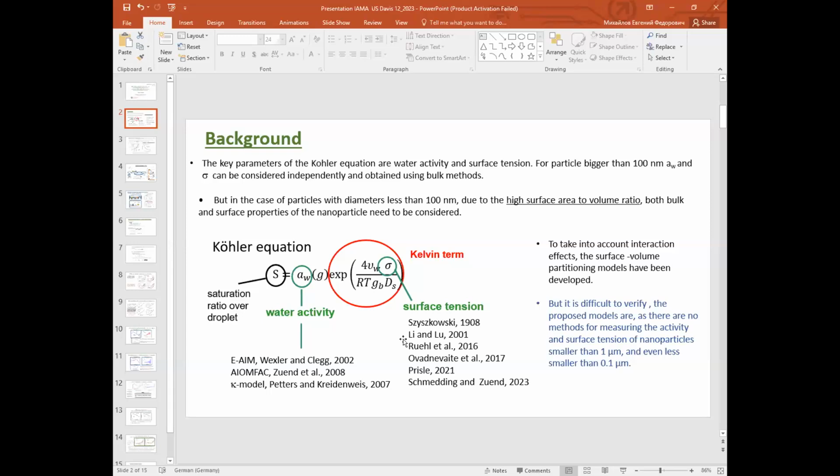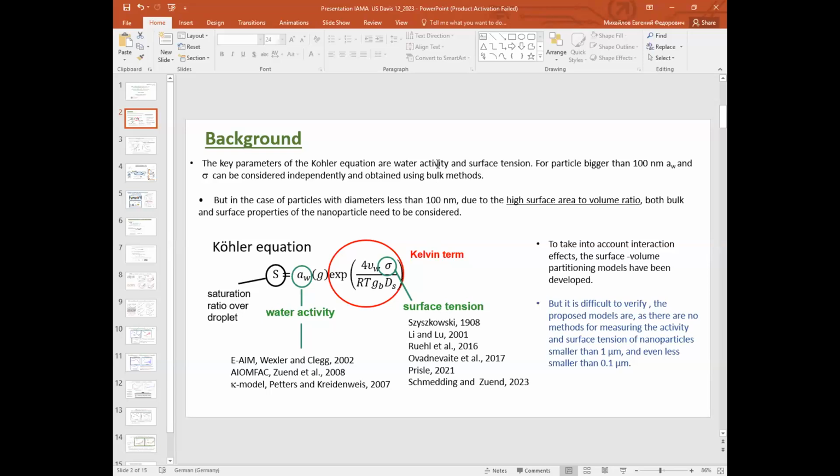It's sometimes enough to use the aerosol organic model, Wexler-Clegg and Zuend model IAM-FAX, or Petters and Kreidenweis model. But the situation becomes more complicated when particles become smaller than 100 nanometers due to high surface area to volume ratio. Both bulk and surface properties of nanoparticles need to be considered.